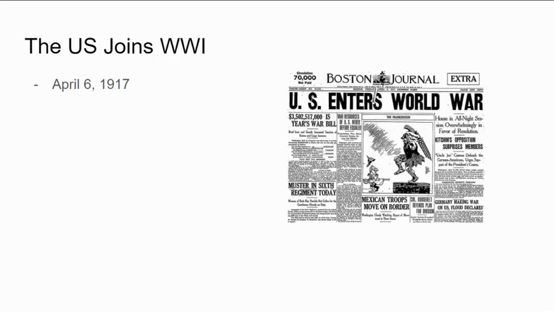The U.S. feels like it's backed into a corner, and on April 6, 1917, the U.S. is going to declare war on the Triple Alliance and join the Triple Entente.